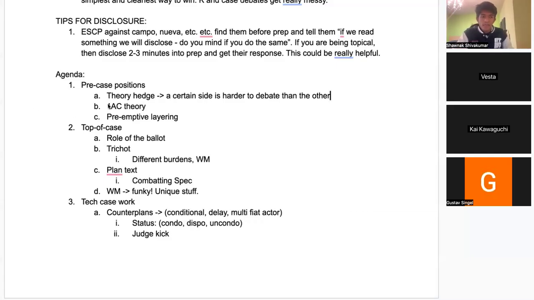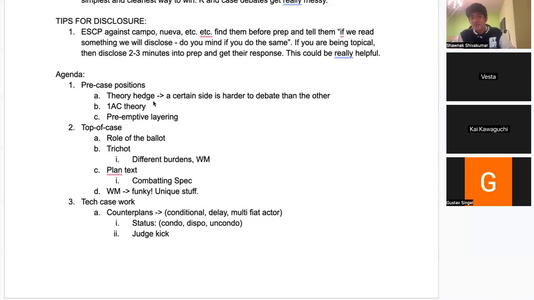Yeah, that's theory hedge. Secondly is 1SC theory, which is very uncommon. It has to be irrelevant of what the neg says, unless the neg says something racist before the round, but in that case you'd probably read an IBI. 1SC theory is usually shoe theory, like camera off theory, which I actually saw a Washington team running, so you might hit camera off theory this weekend.